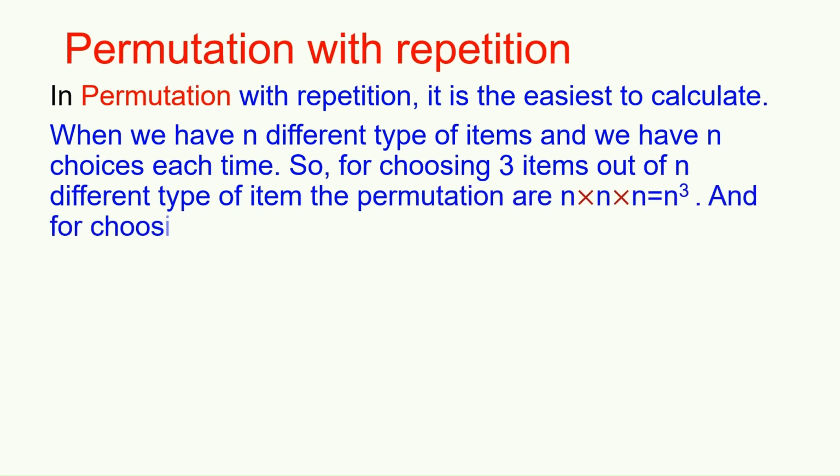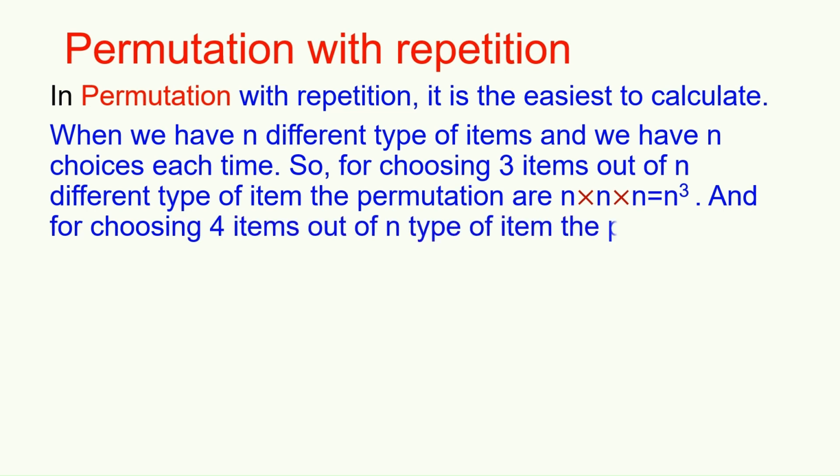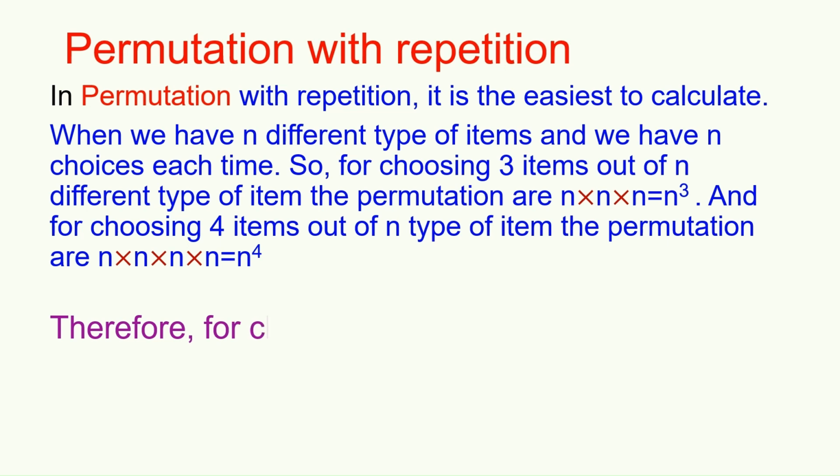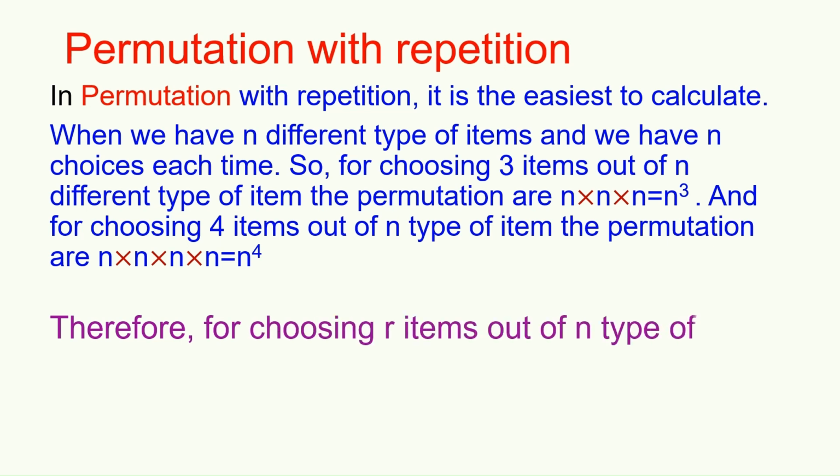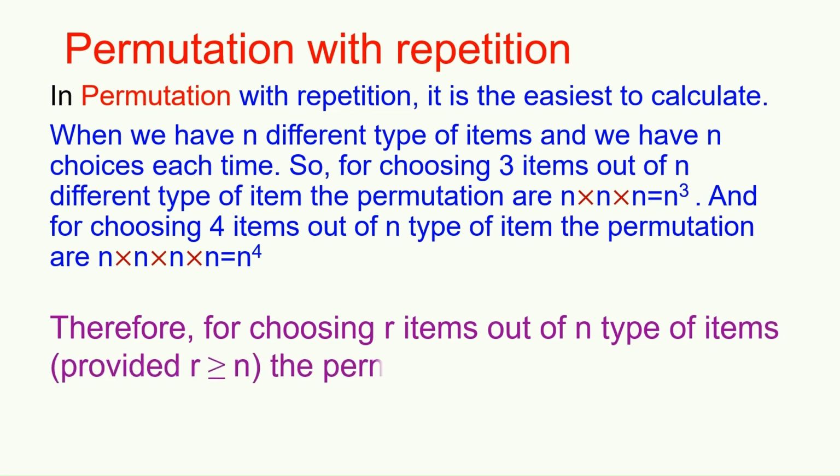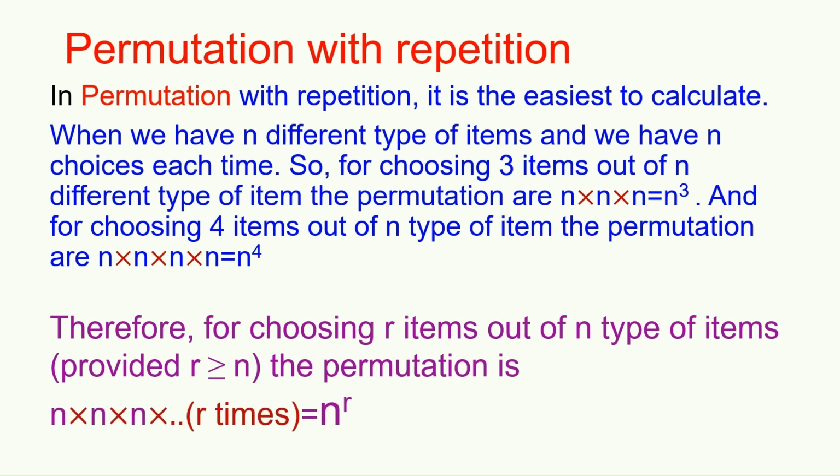And for choosing 4 items out of n types of items, the permutations are n times n times n times n equals n to the power of 4. Therefore, for choosing r items out of n types of items, provided r is less than or equal to n, the permutation is n times n times n, r times, equals n to the power of r.